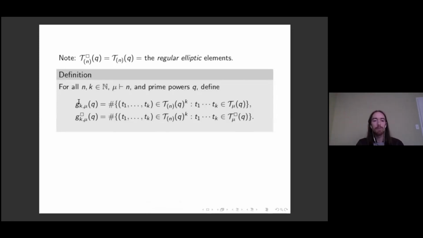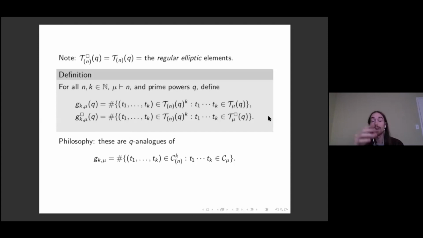So this G_k mu of Q number is just the number of K tuples of regular elliptic elements whose product has a given cycle type. And I also have a version for regular semi-simple elements if I want to consider those. And my philosophy is that both of these are Q analogs of the original G_k mu function that Stanley found that formula for.